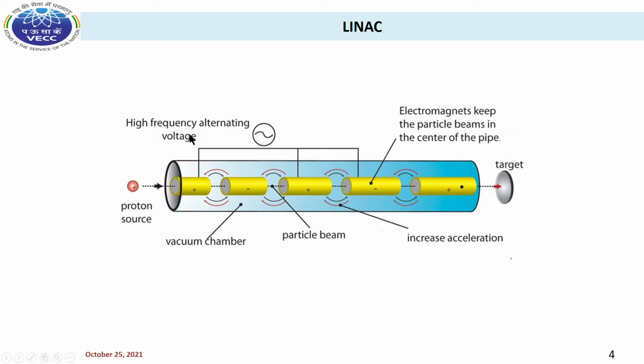RF energies are supplied by providing high voltage. The particles are injected here. It's getting accelerated in the gap because alternate tube is having the alternate polarity.